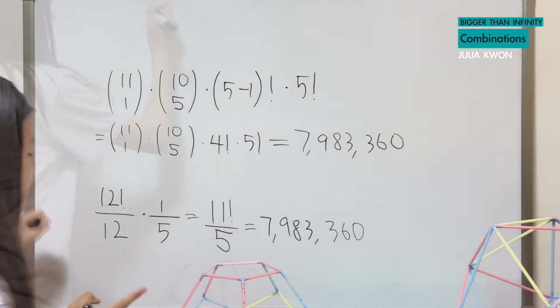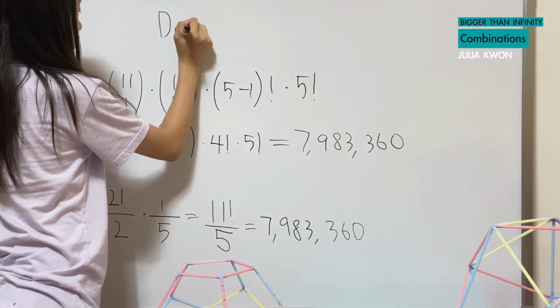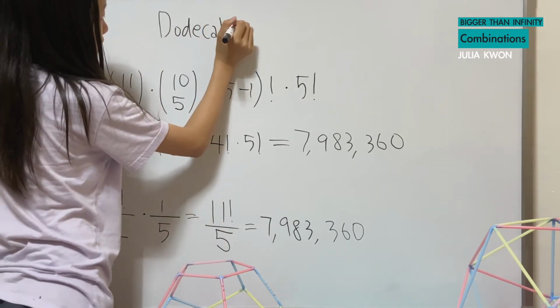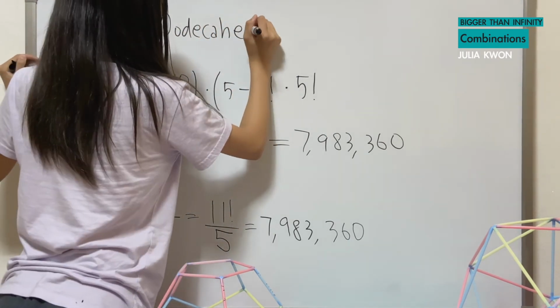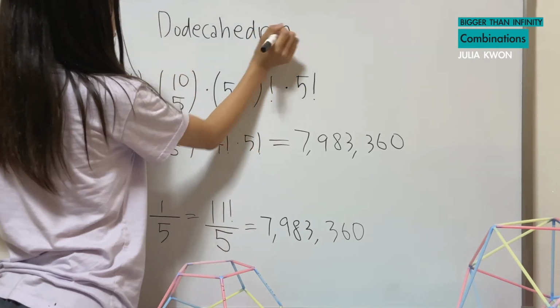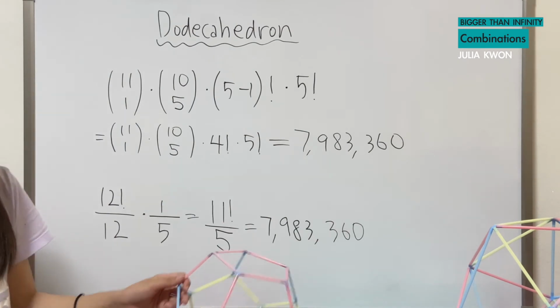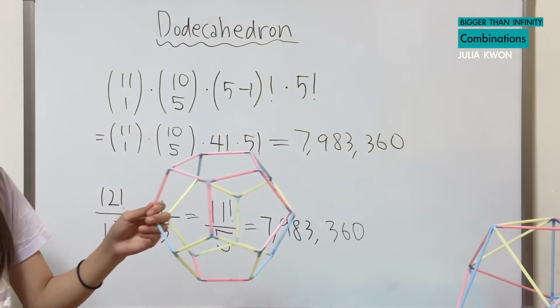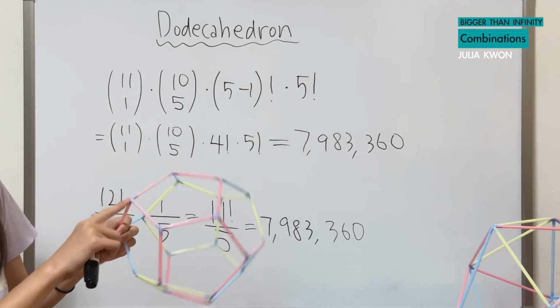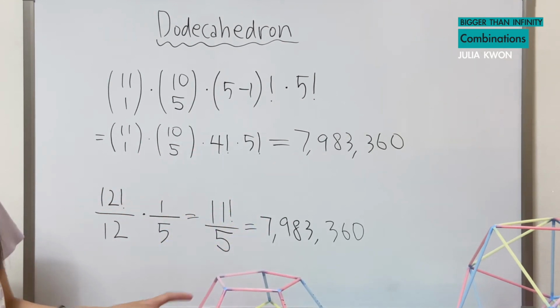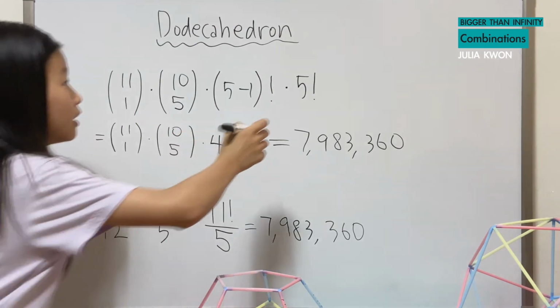And this was the dodecahedron. And technically there is a formula to find the total number of ways you can color this, and that would be the number of faces factorial. So let me write it up here.